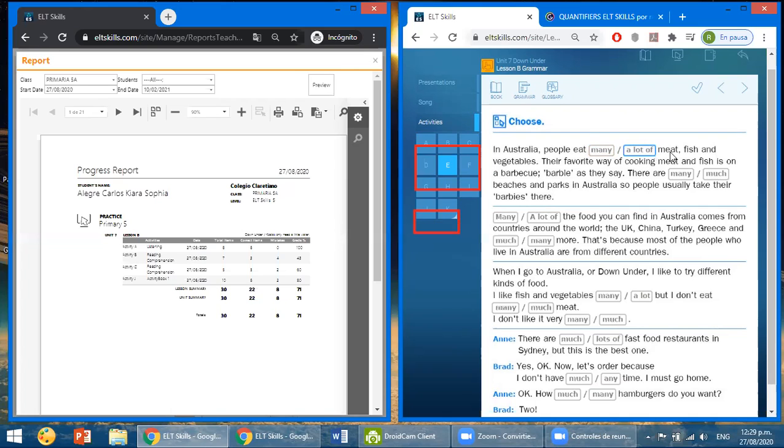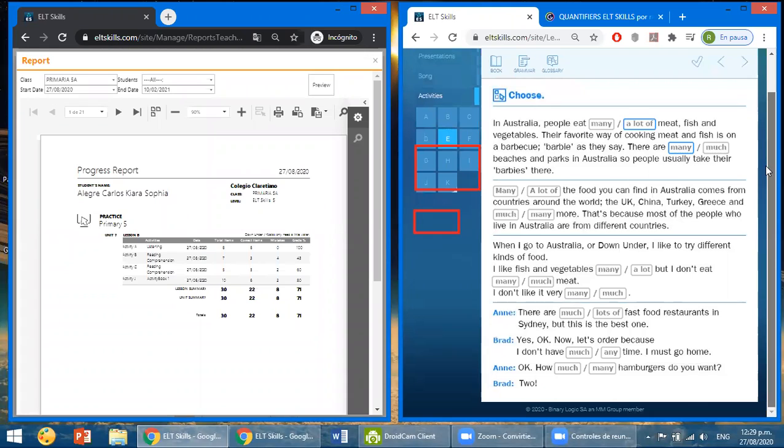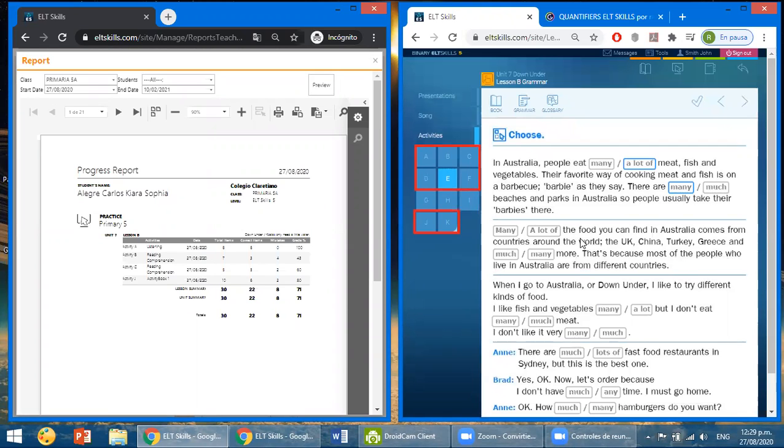The word meat is uncountable, a lot of. There are beaches and parks. The beaches, the parks are countable. 1 park, 2 parks, 3 parks, many, okay? Because it's countable. You need to notice the difference, okay? Is it countable or uncountable?